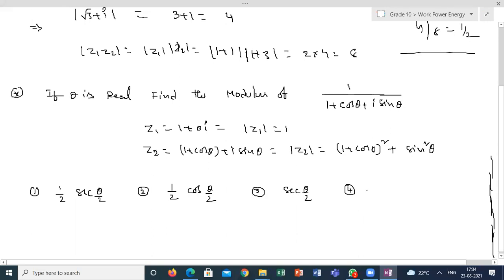The fourth option is cos theta by 2. Anyone got the answer?